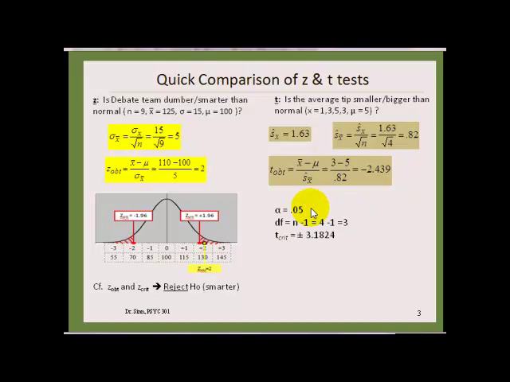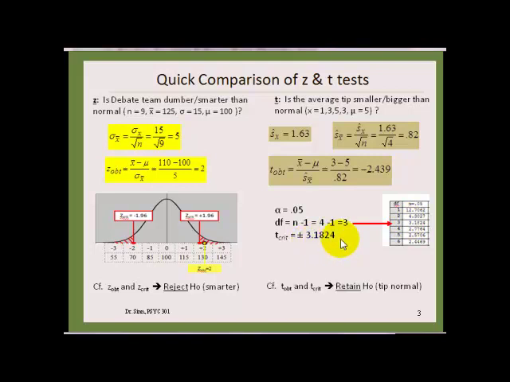So if we assume that we're working with the 5% rule, which we're going to call alpha, equal to 0.05, we work out our degrees of freedom, which is a way of taking into account how many observations we're dealing with. We would go to the table in the back of the book, and we would see with 3 degrees of freedom, we have a t critical value of 3.1824.